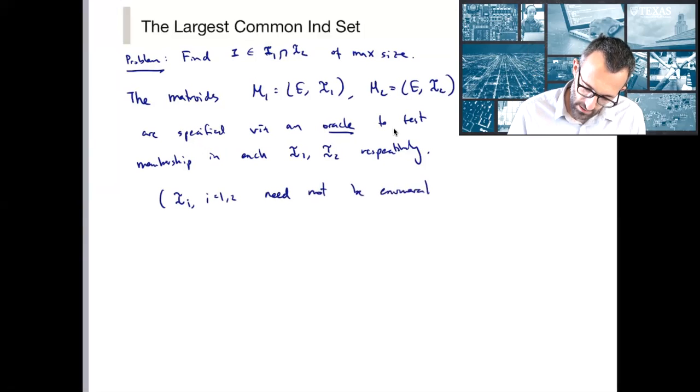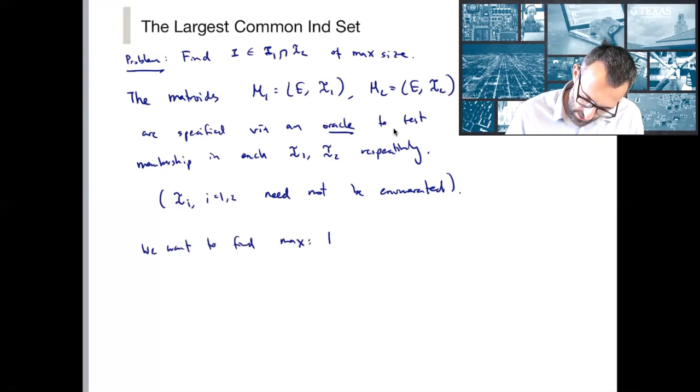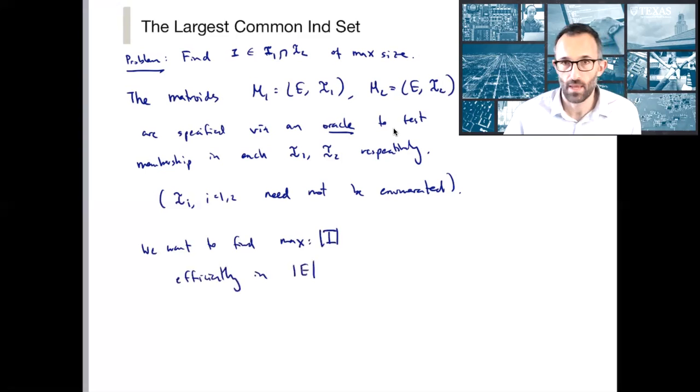Kind of an obvious point, I guess. So we want to find the max cardinality of I efficiently in the cardinality of E, and using the oracle as a unit of our computation.